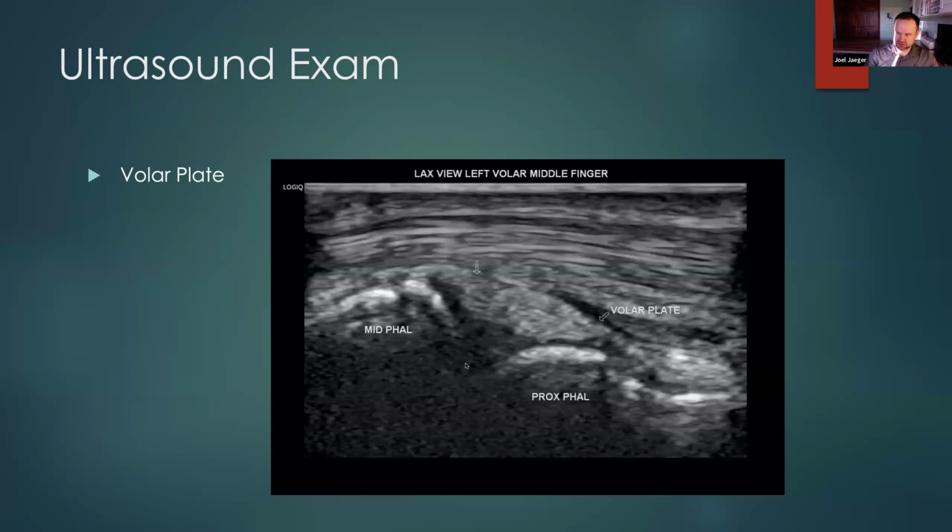Again, looking for little subtle things, adding a little movement dynamic test can be helpful. If we were looking for a hypoechoic change with a tear across the substance of this volar plate, a little compression and distraction can be helpful. That compression can compress some of the joint fluid to occupy that defect and might make that tear a little more prominent to you.